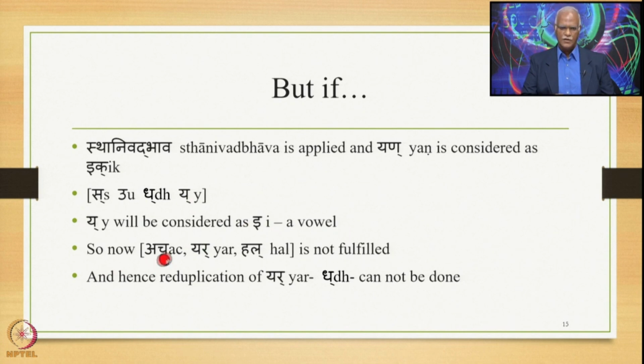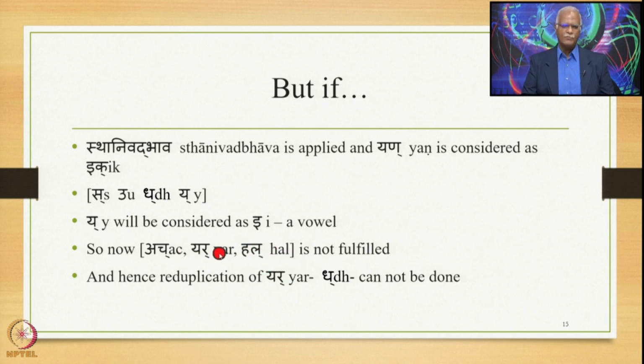And so now ach followed by yar followed by hal, this will not get fulfilled. And so the reduplication of yar in this case of dha cannot be done, because this ya now is considered as a vowel. So this condition, this environment remains unfulfilled.